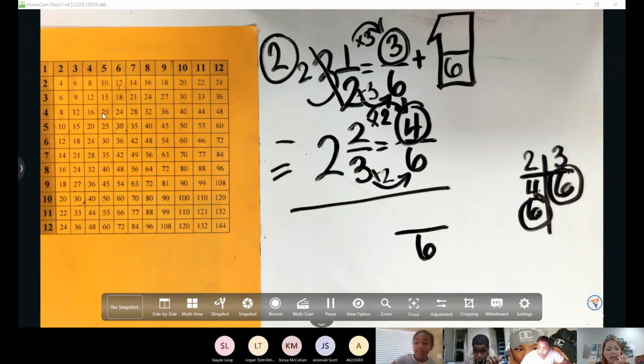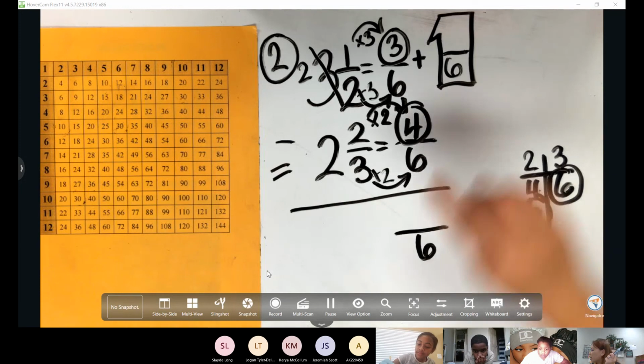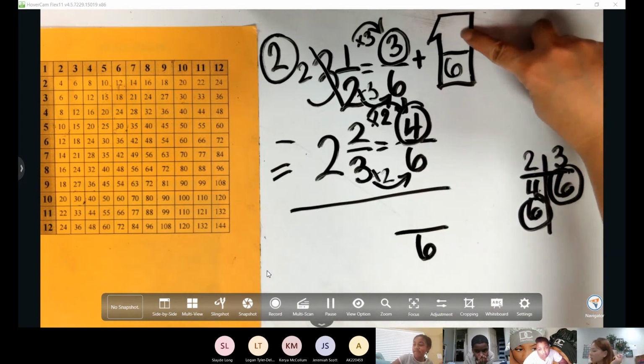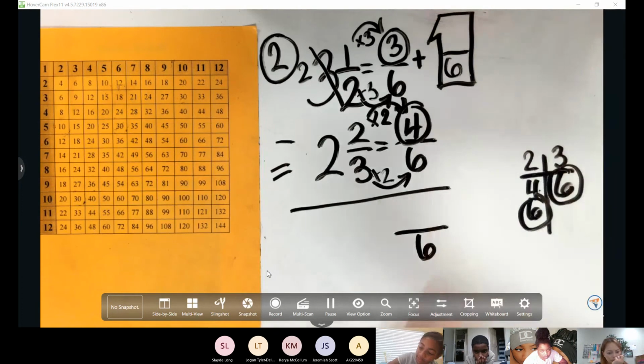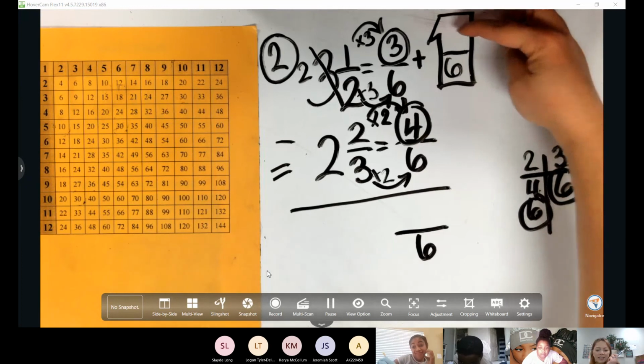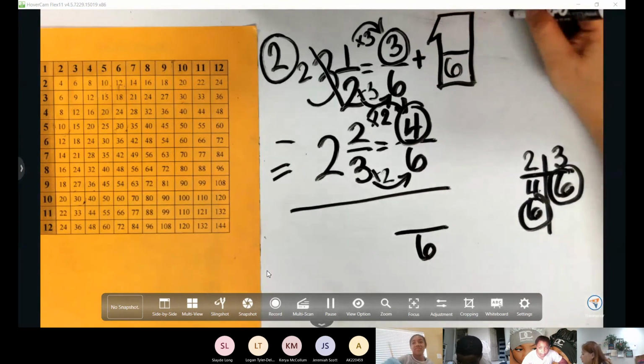Yes. Hang on, Sine, I want to ask you. So if we chose this as a 6, what number should go here in order to make this a one whole? Number 3. If a 3 goes up here, then it will be 3 over 6. Let me draw you a picture.